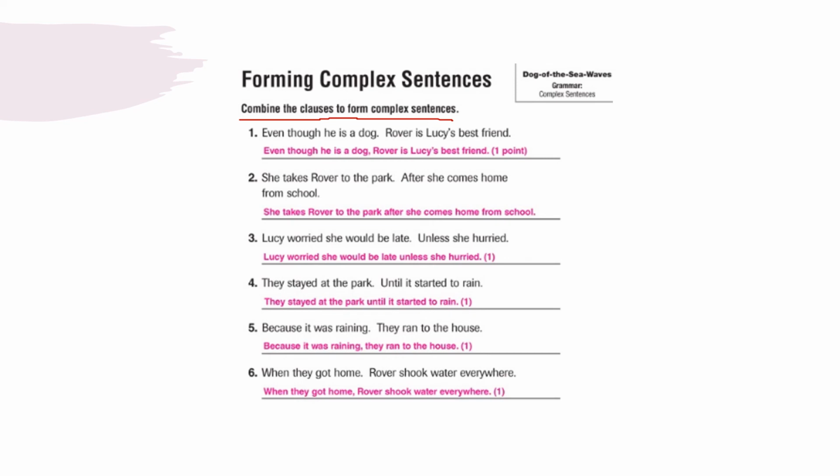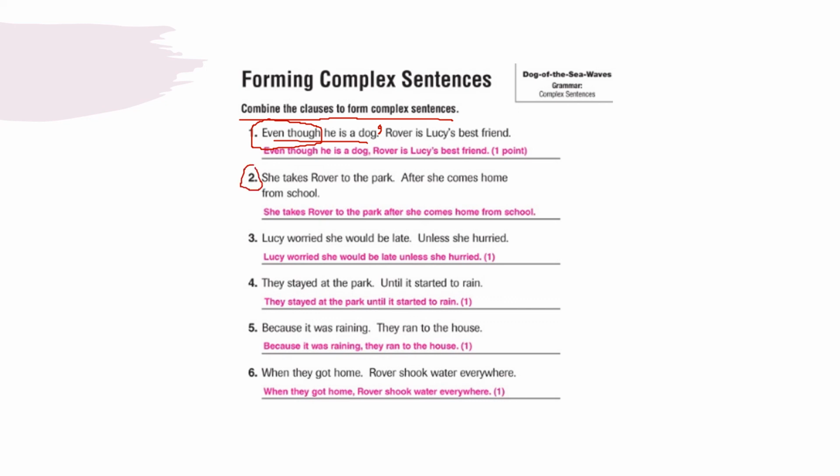We can see that the subordinating conjunction, even though, is at the beginning of the sentence, so the dependent clause is coming first. So here, don't forget that we have to put the comma before moving to the other clause. So when we combine them, we write it like this. Even though he is a dog, comma, Rover is Lucy's best friend.